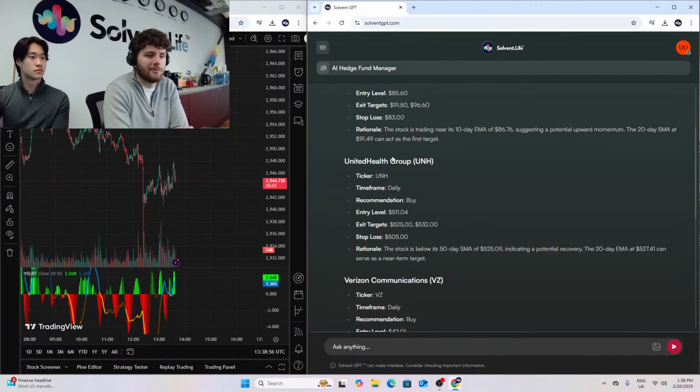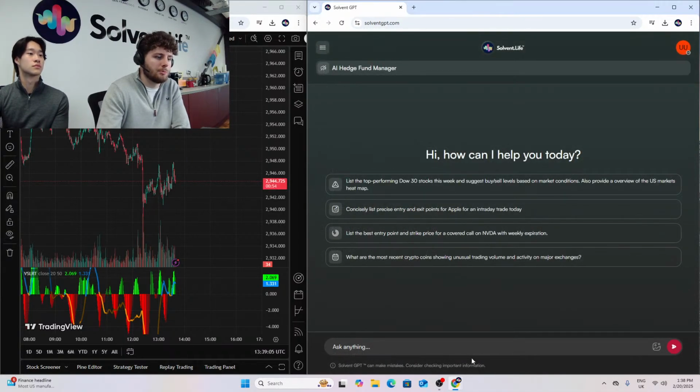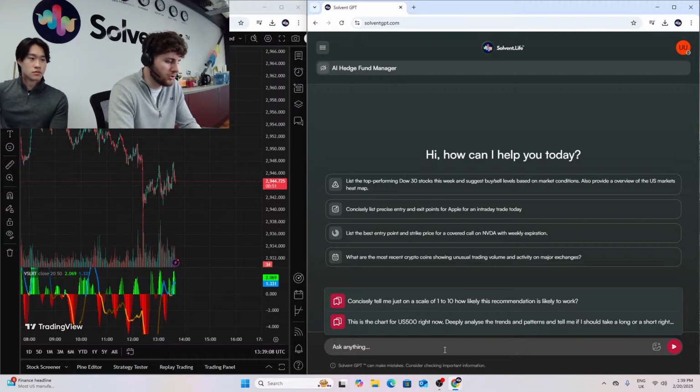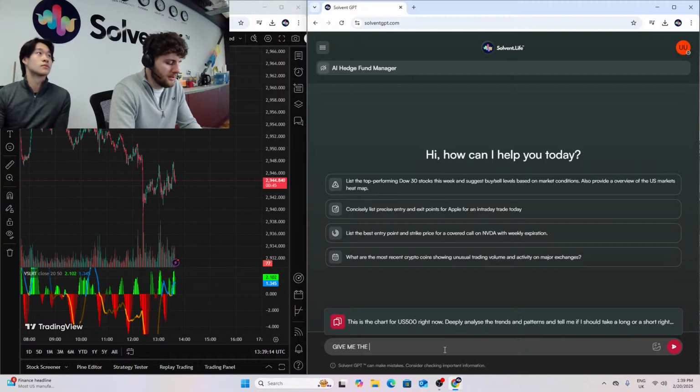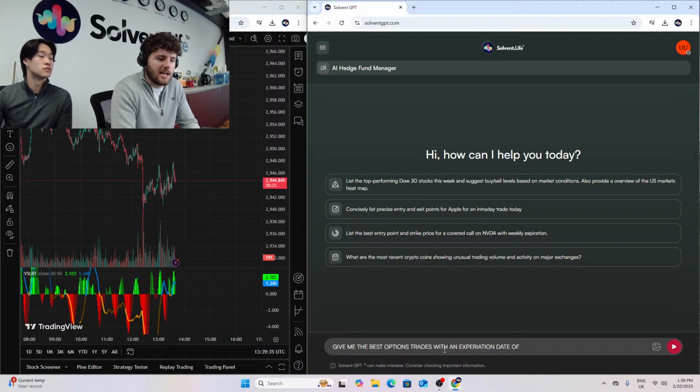But for the sake of your comment, Mesh, so this is the top 30 stocks this week. We will ask a new question, something a little bit more relevant to your own trading experience or trading options requirements. Let's say, give me the best options trades with an expiration date of, for argument's sake, what we'll do, Mesh, we'll ask for an expiration date of the 28th of February.